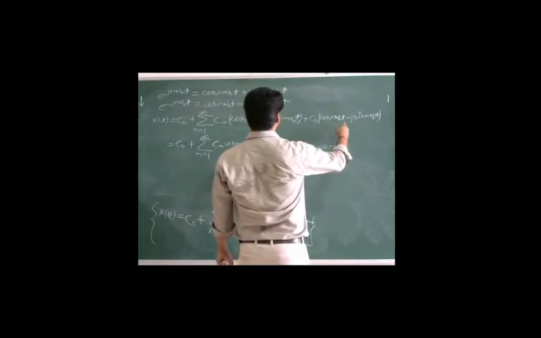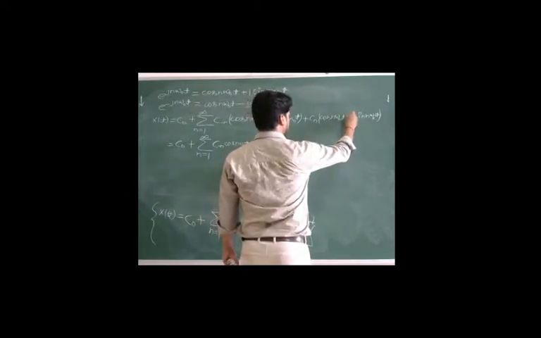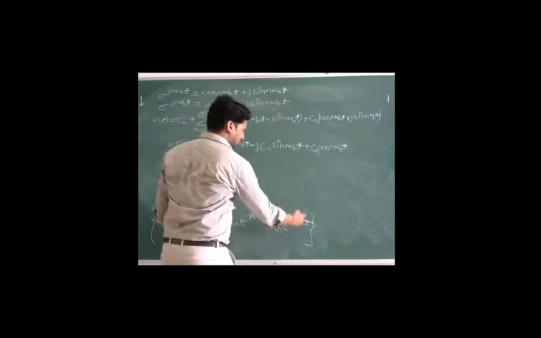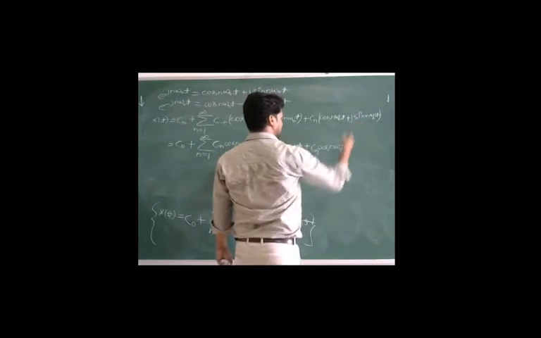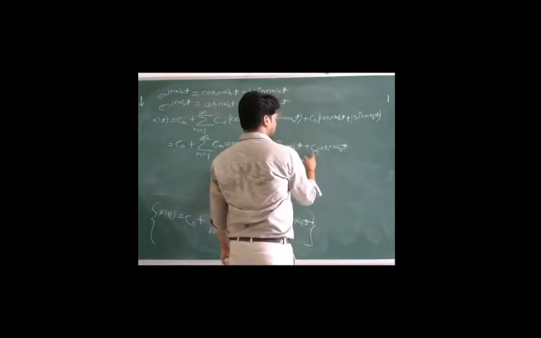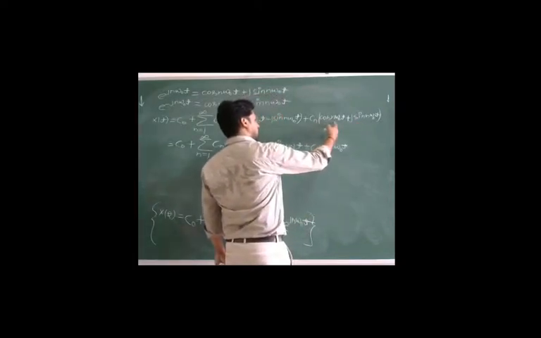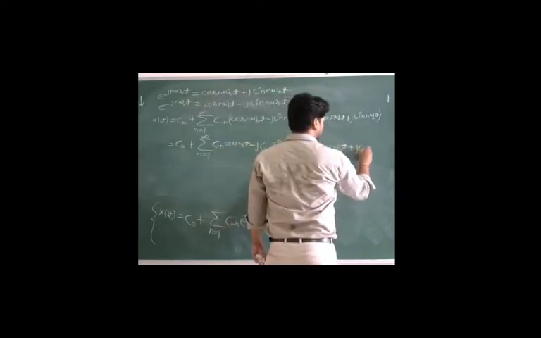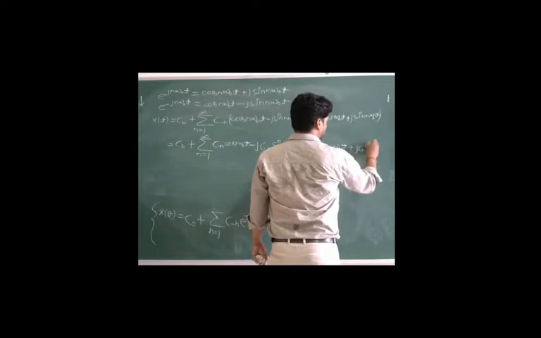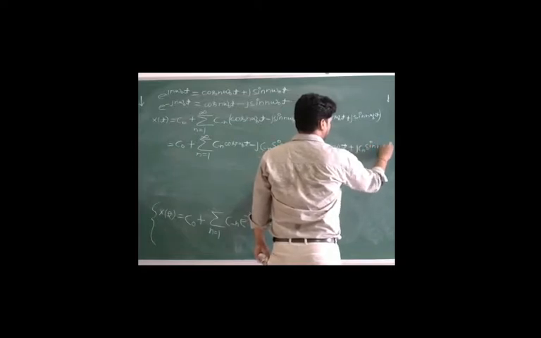Here this is plus because it is e power j n omega naught t, so I have to write plus j sin n omega naught t. So the expression will become c n into cos of n omega naught t plus j c n into sin of n omega naught t.